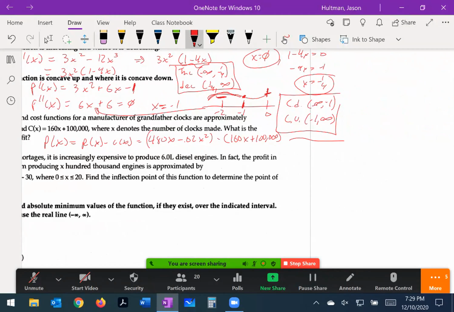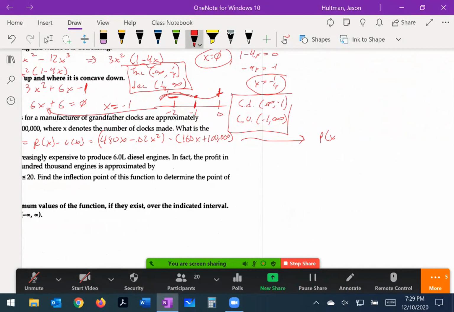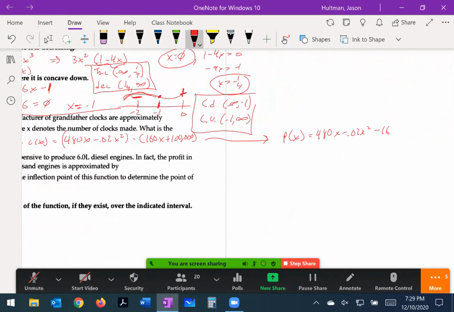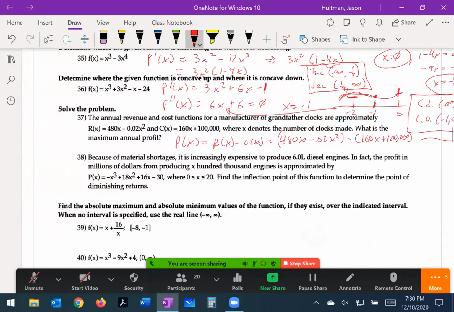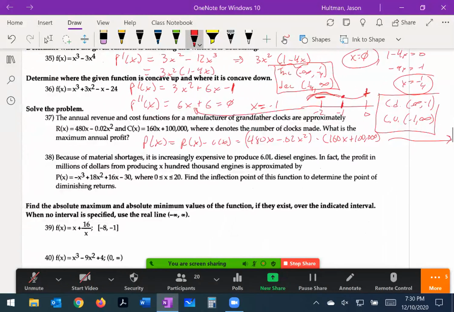Okay, so let's go out here. So P of X is equal to 480x minus 0.02x squared minus 160x minus 100,000. Okay, is that right? Yep, minus 160x minus 100,000.